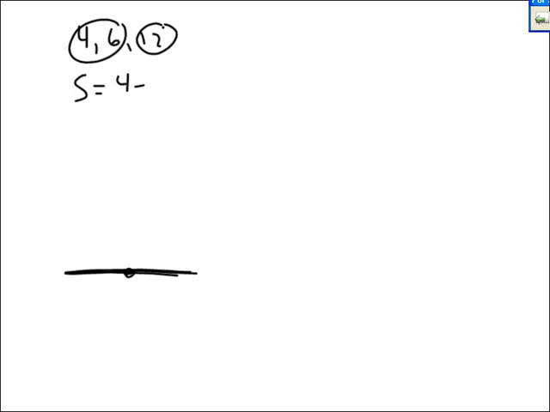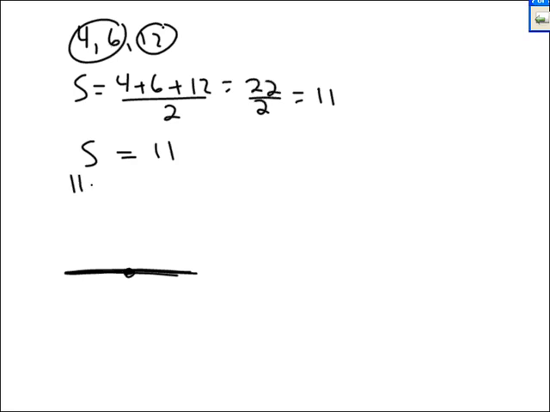S is 4 plus 6, which is 10, plus 12 is 22. Divided by 2, you get 11. So S is 11, and then you do 11 minus each side, one by one: 4, 6, and 12. This is 7, this is 5, this is -1.